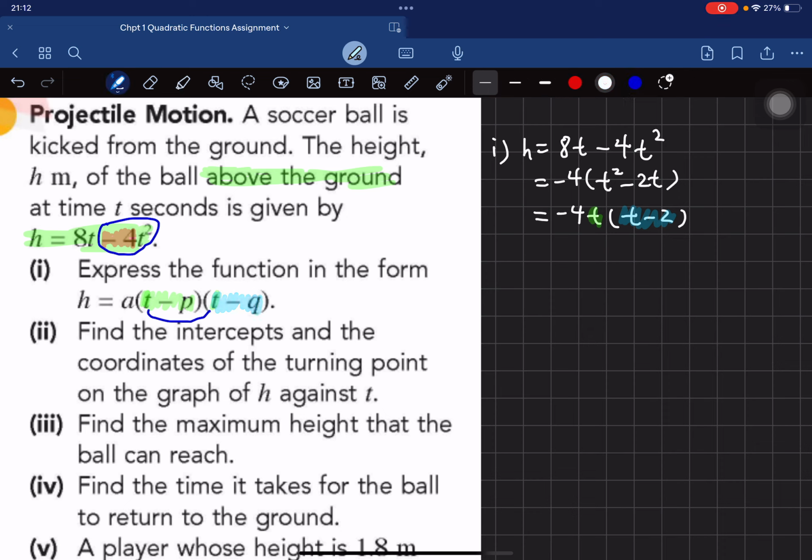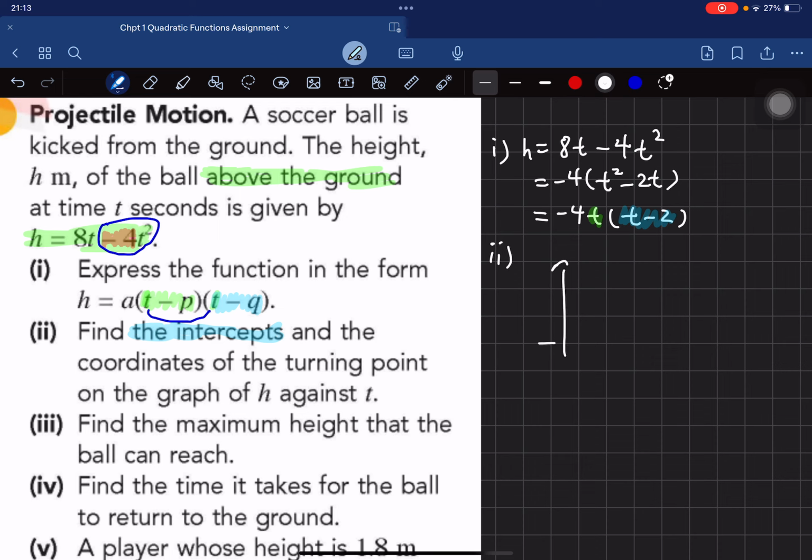Then my part 2 says a few things, including the intercept, which a lot of you forget about. This means the x and y axis intercepts. Based on my part 1, I explained that after we know the shape of the curve the question is using, we try our very best to sketch it.